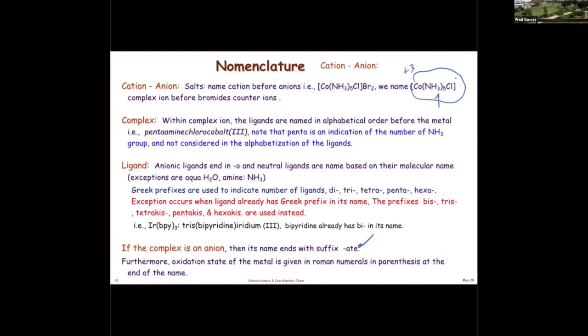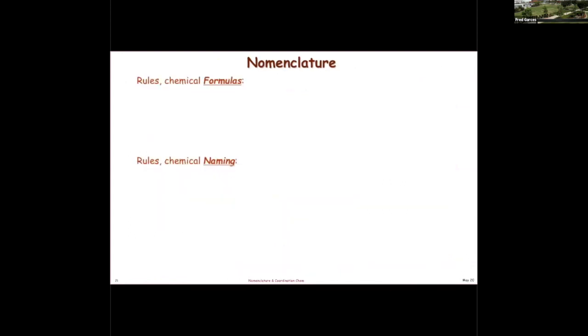But if it were an anion like Fe(CN)6, and let's say that iron is +3, so the cyanides are -1 apiece, that's a -6. So this right here would be a -3 anion. Then we need to have a suffix of ate in the name. And I'll show you that example shortly here. So that's the rules for naming.